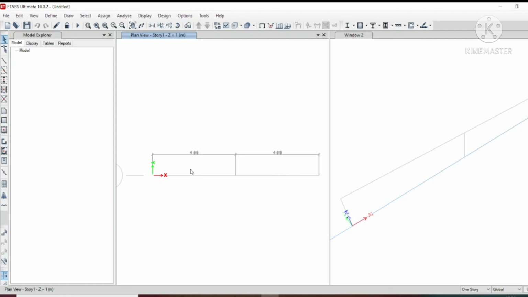Yes, we got our model here, that is 4 meter of equal interval, and the total span is 8 meter. So this is our grid, and let us assign a beam.